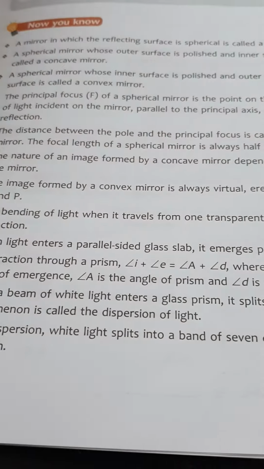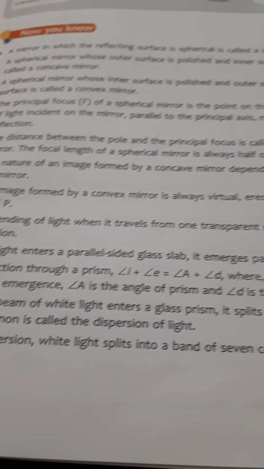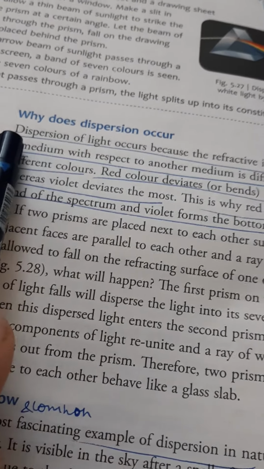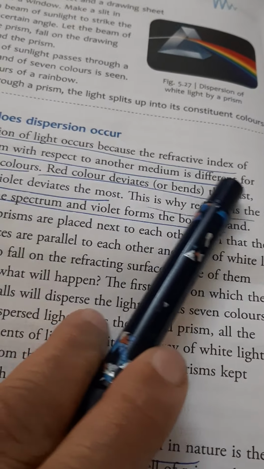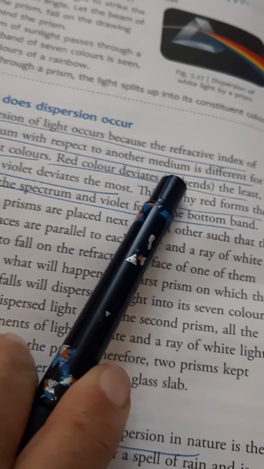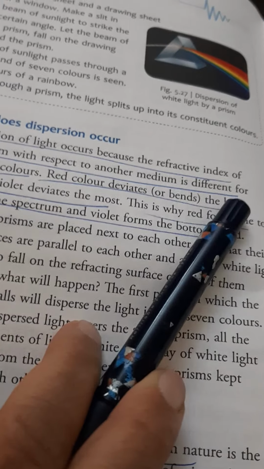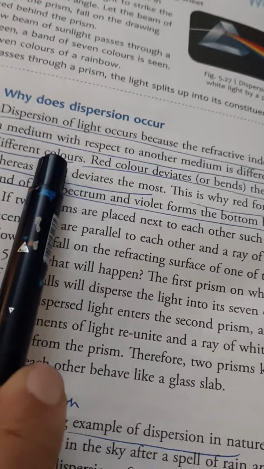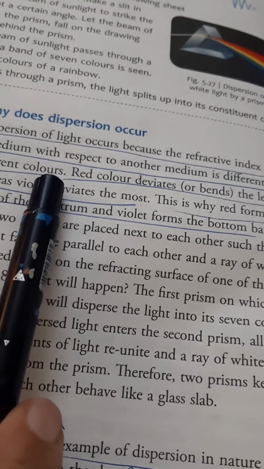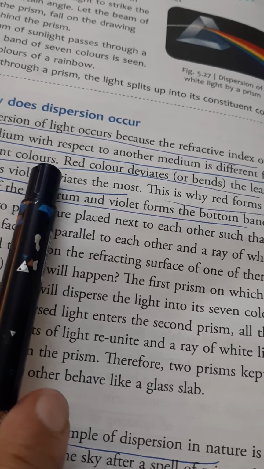The speed of light is different in different colors. So this is the only reason for dispersion to take place. Dispersion of light occurs because the refractive index of a medium with respect to another medium is different for different colors.